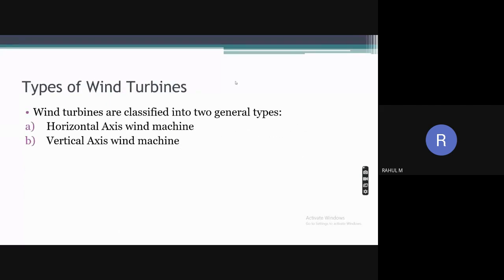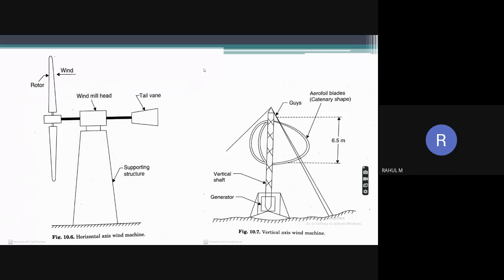Now we'll move on to today's topic, which is the types of wind turbine. Basically, you can classify wind turbines into two categories: the horizontal axis wind machine, and the vertical axis wind machine or wind turbine. This is a simple schematic diagram of the two. The first one is the horizontal axis wind turbine, which is the normal wind turbine that we usually see.